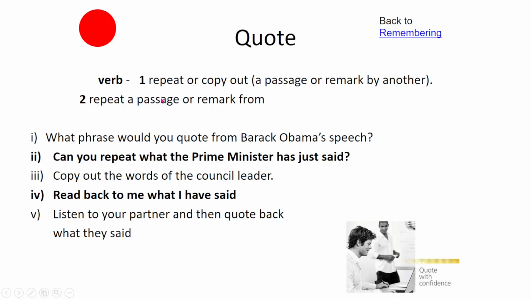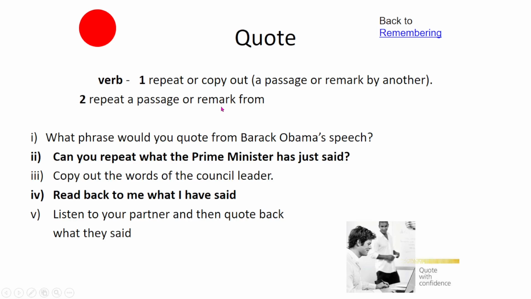Repeat a passage or remark, and sometimes we write everything in the same words; that is called quote. What phrase would you quote from Barack Obama's speech? Can you repeat what the Prime Minister has just said? So, quote with confidence.